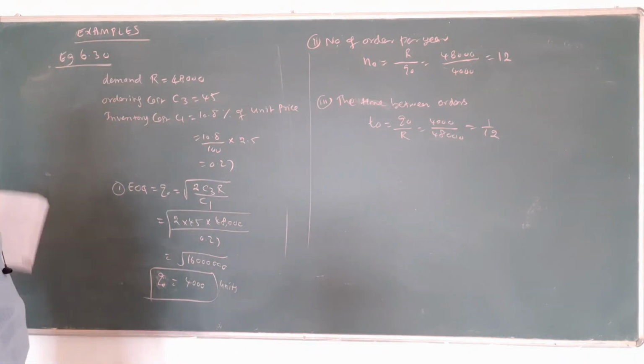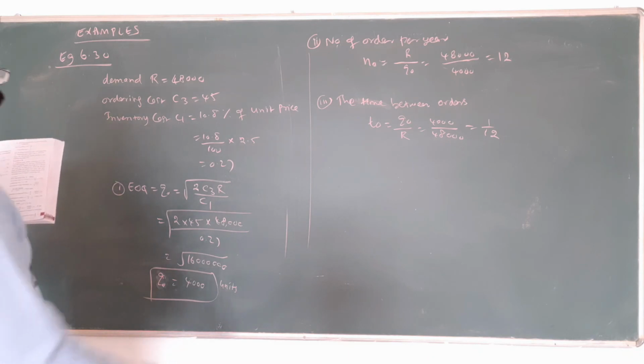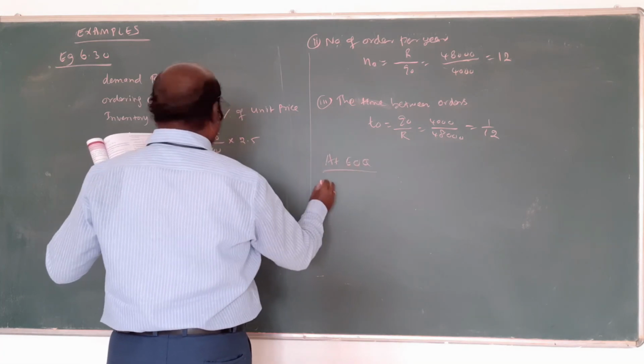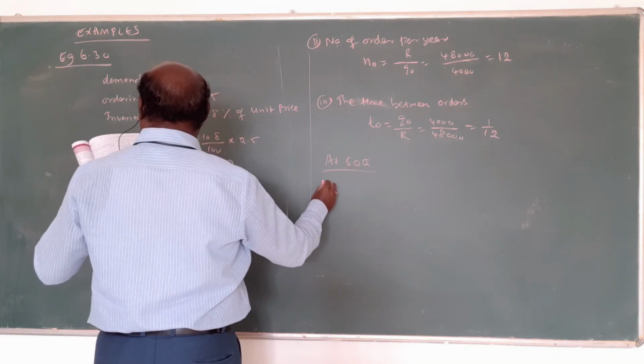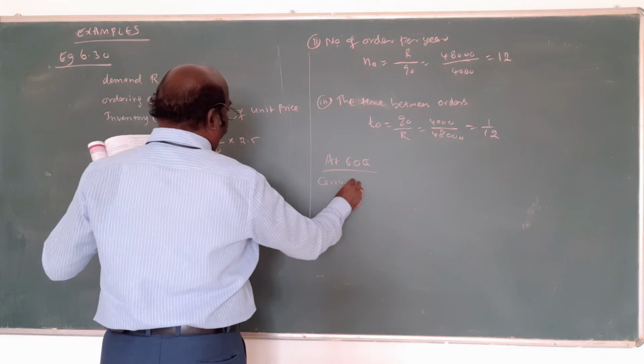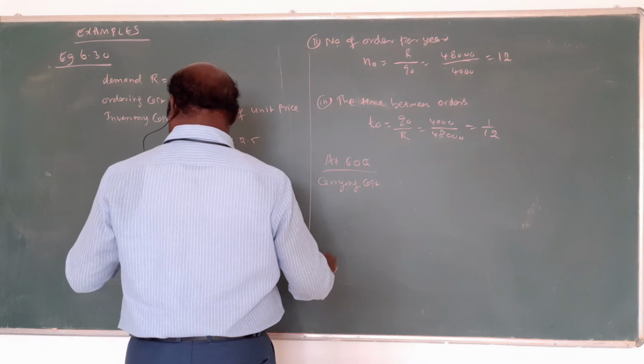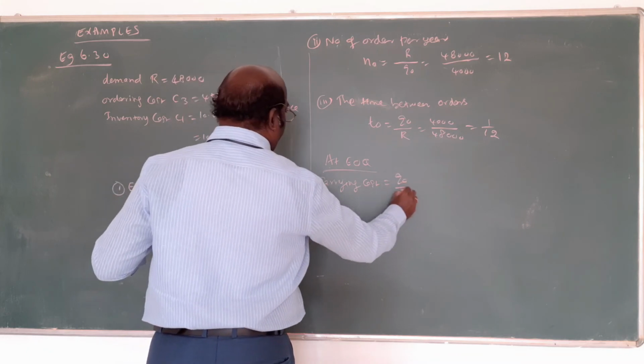Then one more condition is asked: verify that at EOQ the carrying cost and order cost will be equal. The formula for carrying cost is Q naught by 2 into C1.